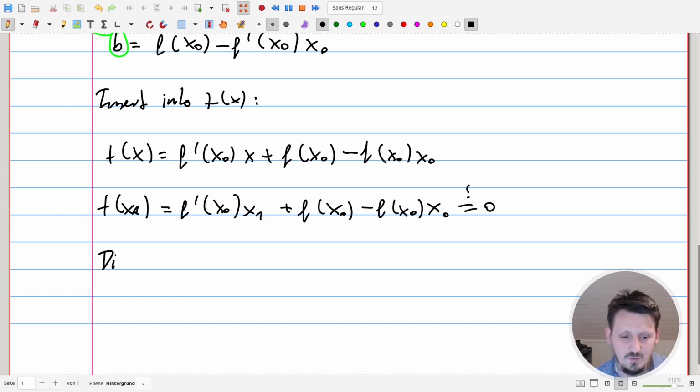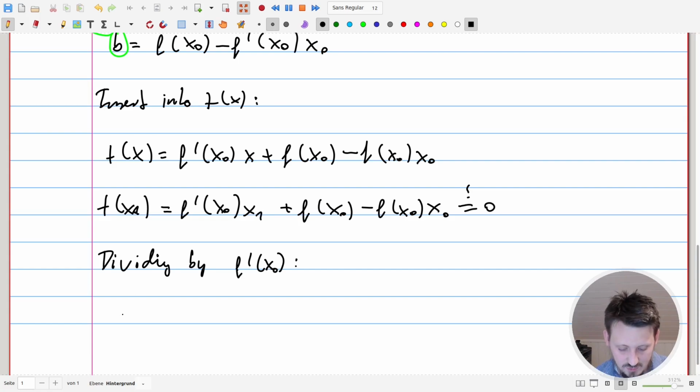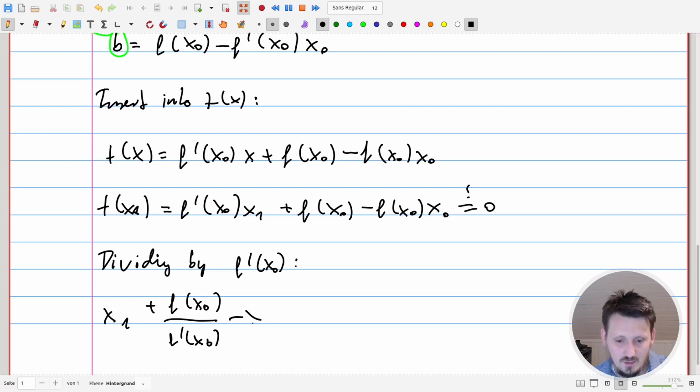So now in the next step, we can divide this whole equation by f prime of x0, in order to isolate this x1, because this is what we want to get at the end. So now we can write x1 plus f of x0 divided by f prime of x0 minus x0, and this has to be equal to 0.